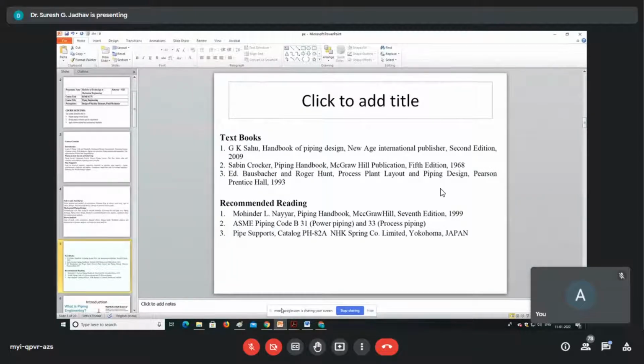Now third is pipe supports: the catalog PH82A by NHK Spring Company Limited, Yokohama, Japan. This publisher is NHK Co. Limited. So these are the books and recommended reading, handbooks.